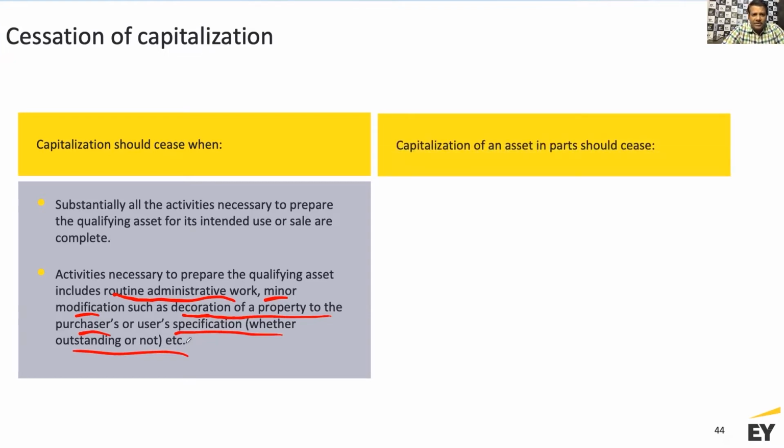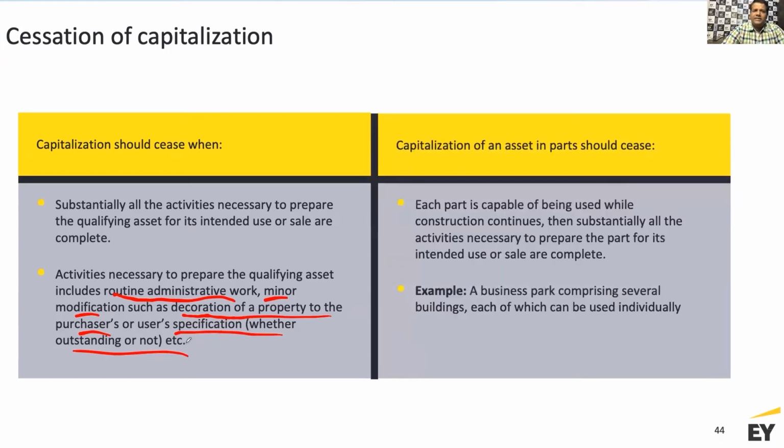Capitalization of an asset in parts. Many times we come across situations, and I'm going to talk it through with another example, where you are building a large asset, and there are multiple components of that asset. And you have the ability to start commercializing each of these components independent of each other, and you can also commercialize the whole thing when it comes together or is fully developed.